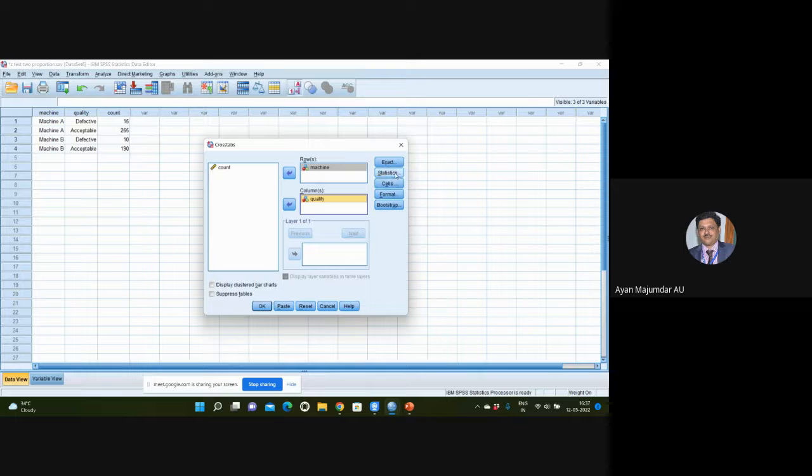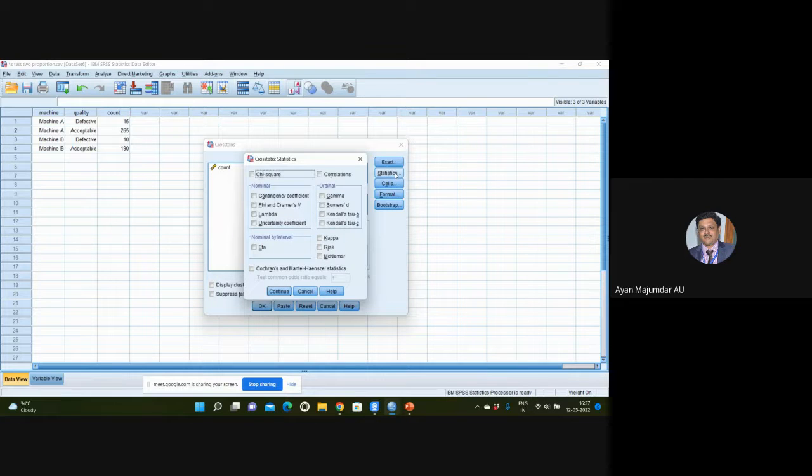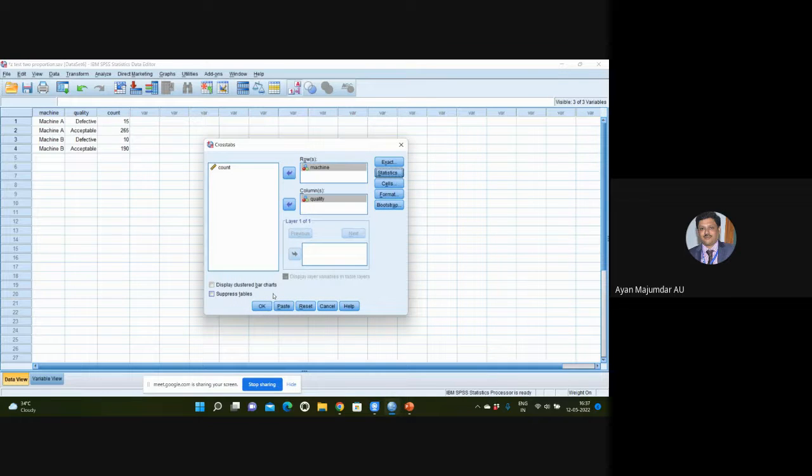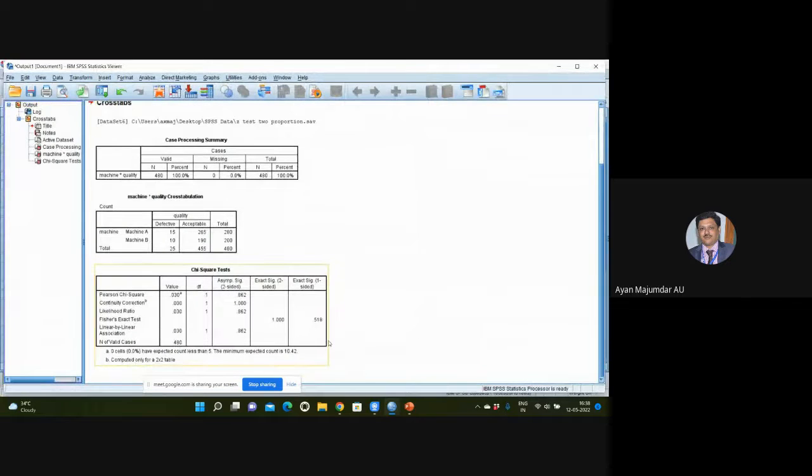We will click on Statistics, and in this we will check the chi-square. Once we select the chi-square, continue, OK. This is the result which is available with us.